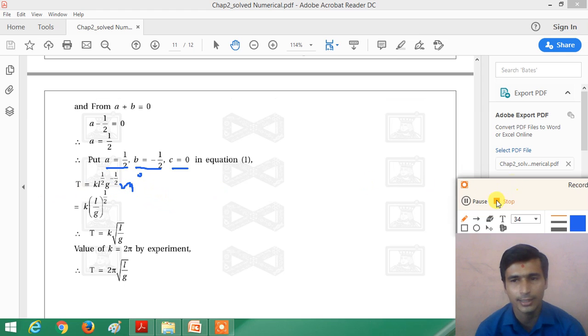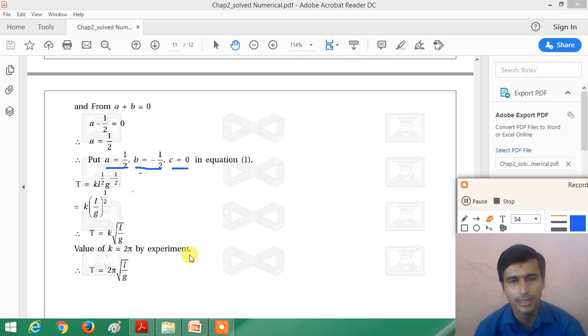So we get T is equal to k, L raised to 1 by 2, g raised to minus 1 by 2. We take g raised to minus 1 by 2 into the denominator. We get T is equal to k, L by g raised to 1 by 2, and the power 1 by 2 is a square root. So we get T is equal to k under root L by g.